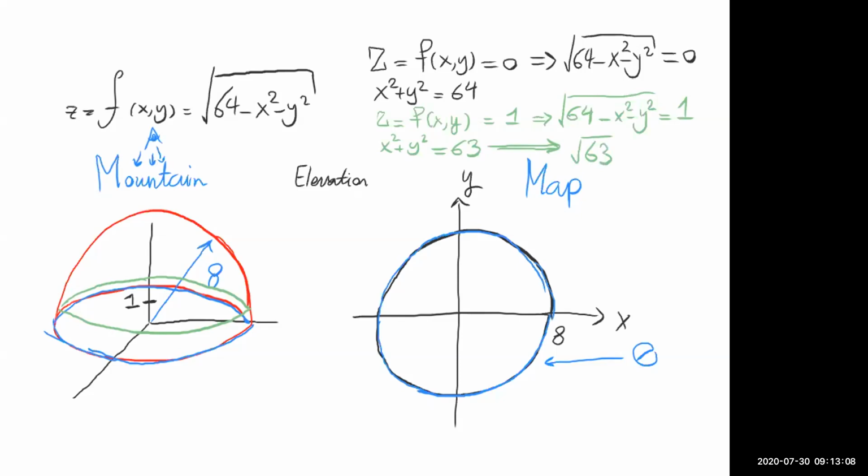But what is the square root of 63? It's almost equal to 8. It's actually 7.9. So it would be very close to the other circle. It's the circle with radius 7.9.